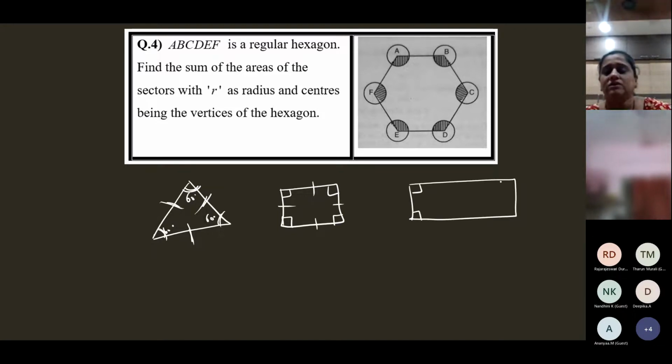It is a quadrilateral, but not a regular quadrilateral, because all angles are equal, but only opposite sides are equal. All the sides are not equal. A square is a regular quadrilateral, and a triangle is also a regular polygon.